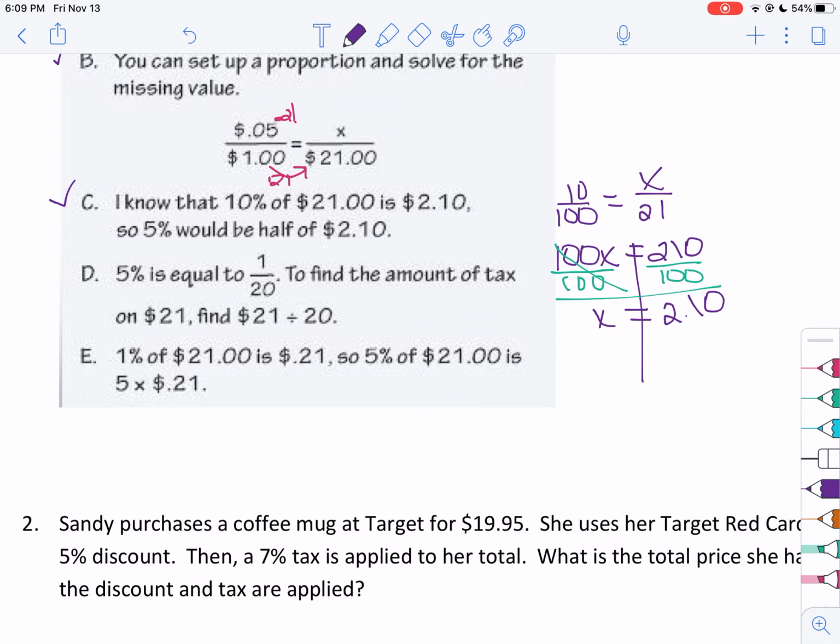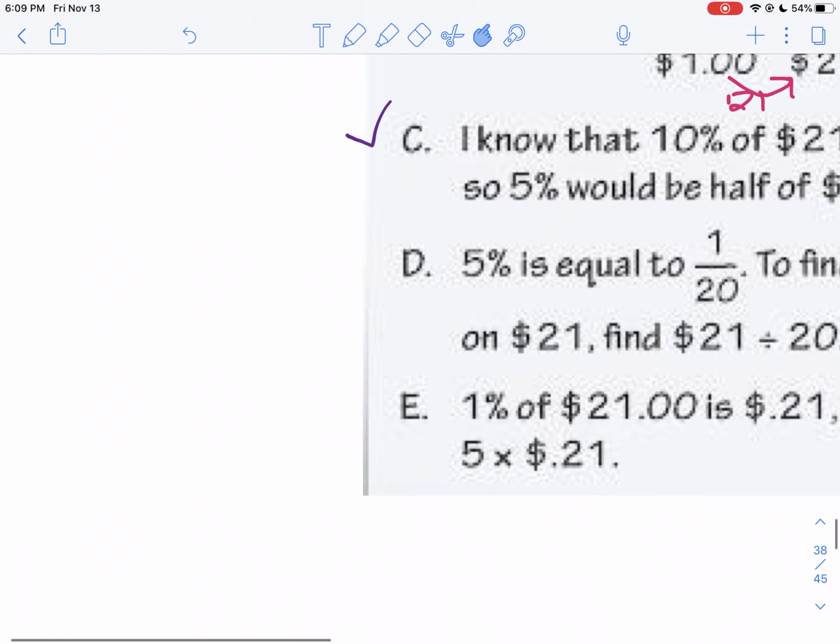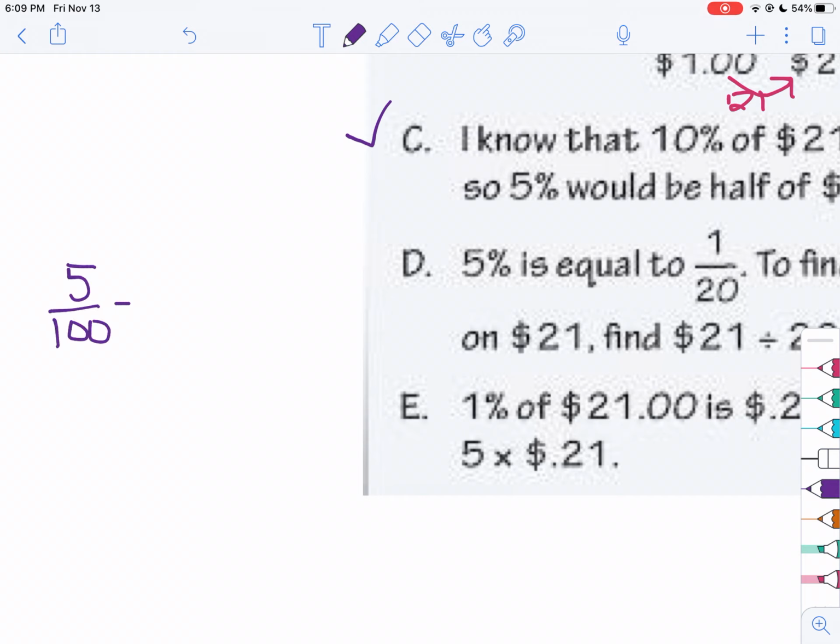Okay, option D: 5% is equal to 1 over 20. So to find the amount of tax on $21, find $21 divided by 20. Let's see, does that one make sense? So it's saying 5% is equal to 1 over 20. So 5 out of 100 is equal to 1 over 20.